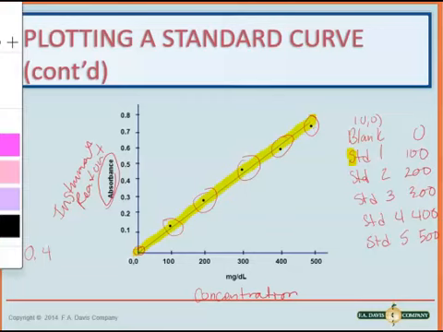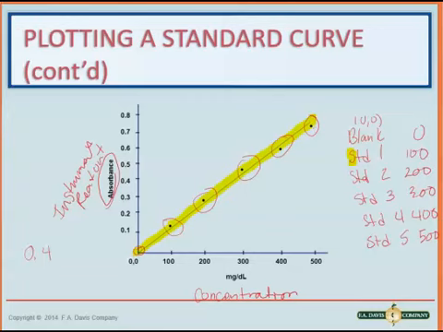So, in order to figure that out, we have established this standard curve. So if our readout is 0.4, then guess what we can do? We can go over from 0.4 on the y-axis and draw a line over to our standard curve, and then go straight down to our x-axis to where it hits to figure out the concentration.